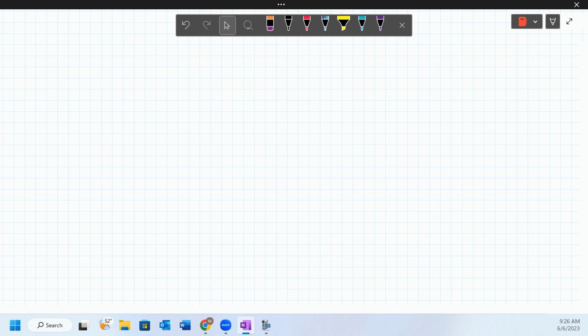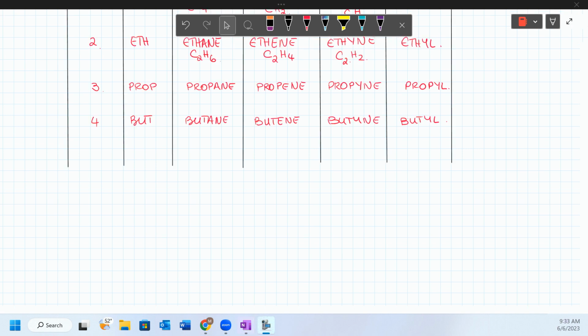Okay, so when we are naming, what we have to keep in mind is the number of carbons. And in this case, a table that you need to memorize is very helpful. Okay, so this table continues up to 10.